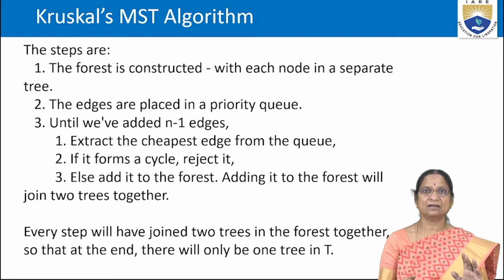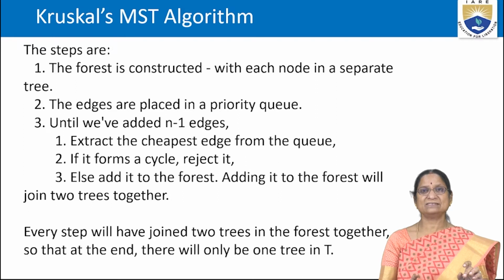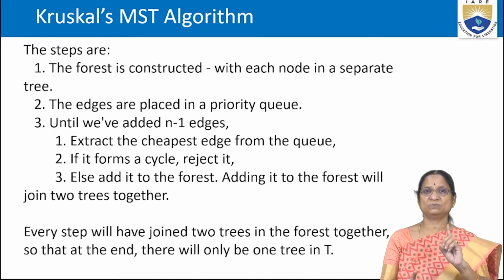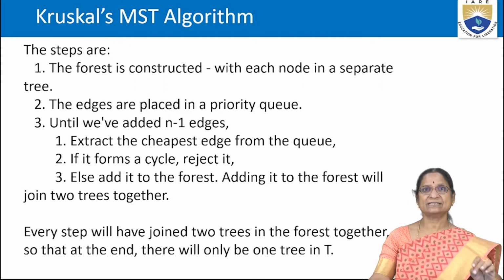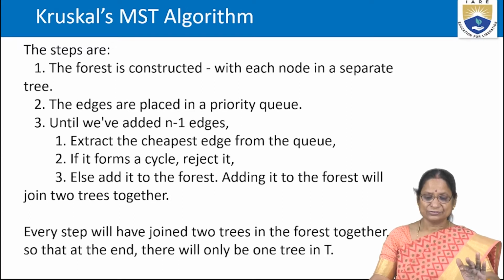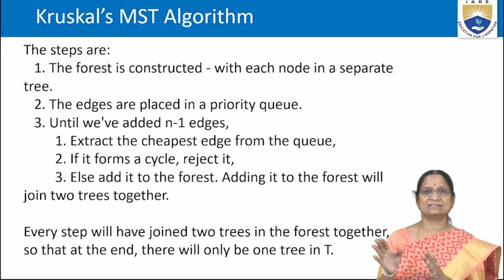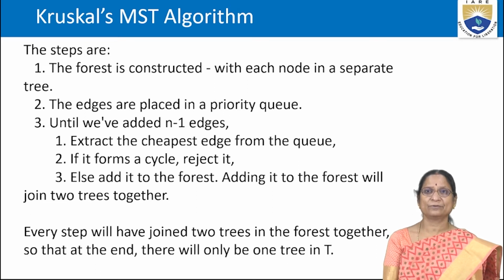The steps are, first we have to construct a forest. Forest means a set of trees. Each vertex of your graph is one tree. That's all. So with each node in a separate tree, a forest is constructed. Then the edges are placed in a priority queue, or in a sorted order, whichever way you would like to keep them. They are sorted first and kept in order so that one by one they will be added.